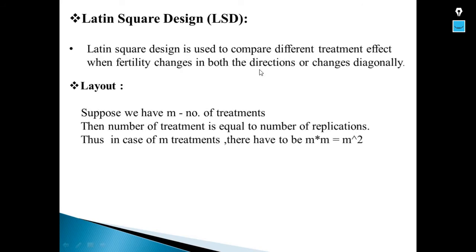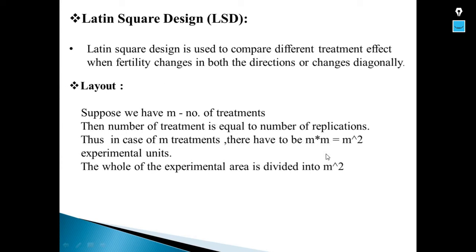So in this case, how many experimental units do we get? Since we have m treatments and each treatment is repeated m times, we get m cross m, that is m square experimental units. So when we want to compare m treatments, we get m square experimental units in our experiment.